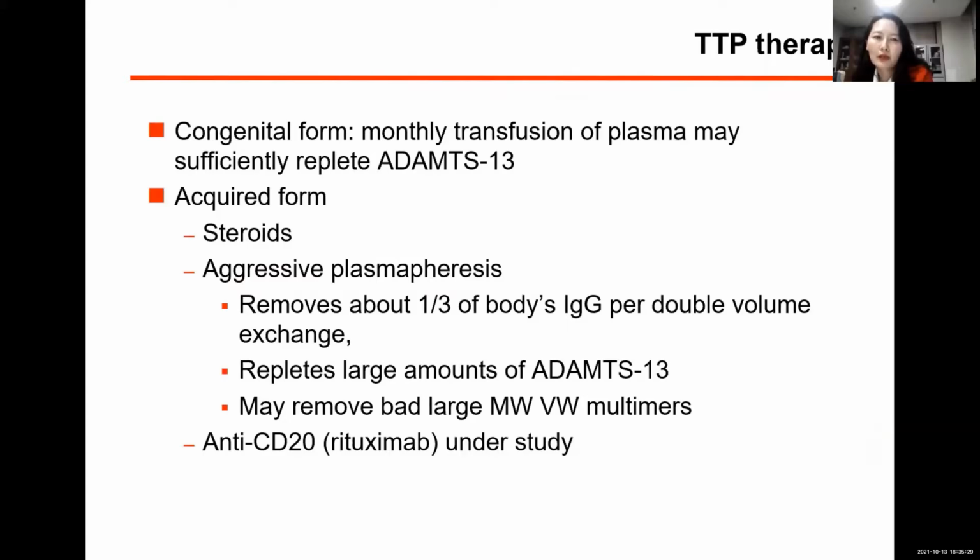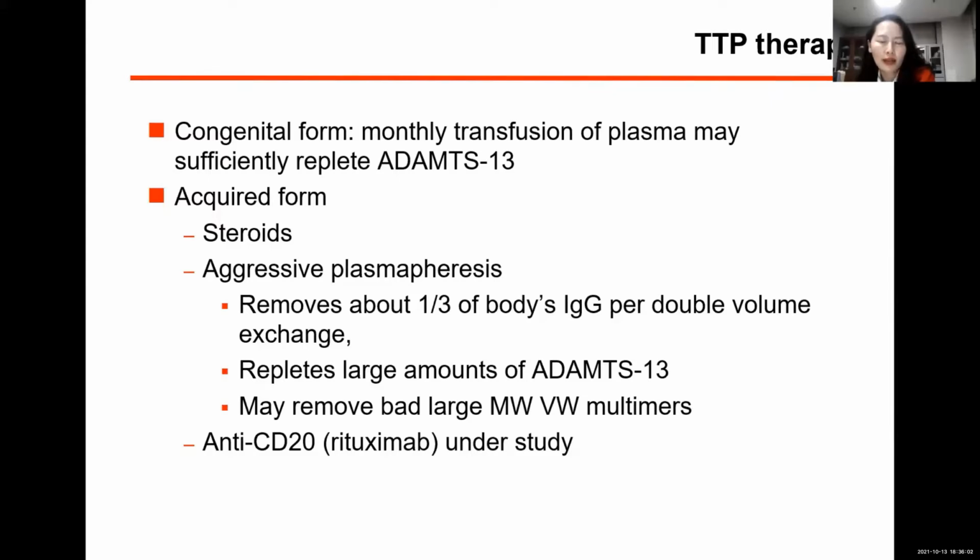TTP therapy. For congenital form TTP, monthly transfusion of plasma may be sufficient to replete ADAMTS13. For acquired form TTP, steroids and aggressive plasmapheresis can remove about 1/3 of the body's IgG per double volume exchange.